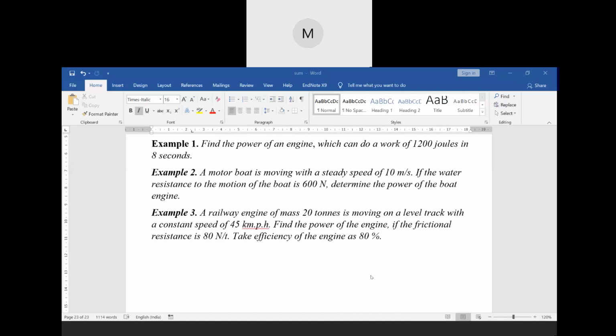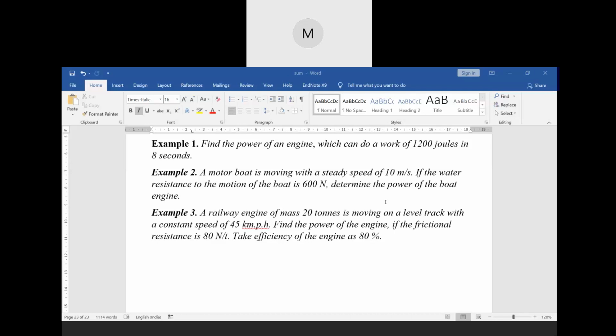First of all, it is given what? The mass m is given and the velocity v is given, right? There is one term, frictional resistance, which is equal to 80 Newton per ton.